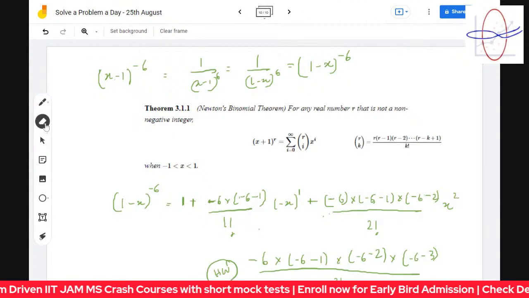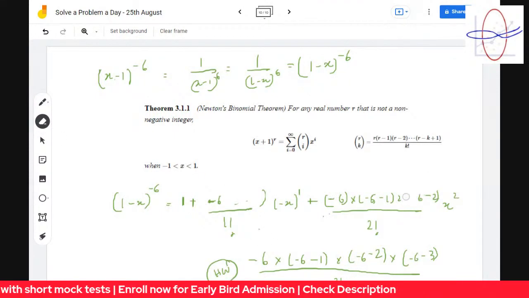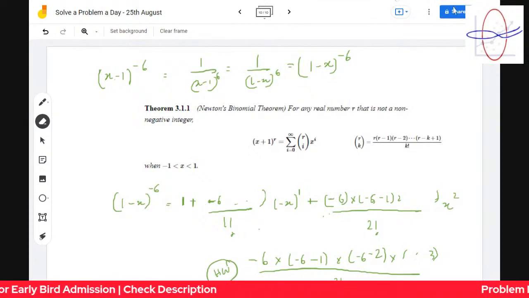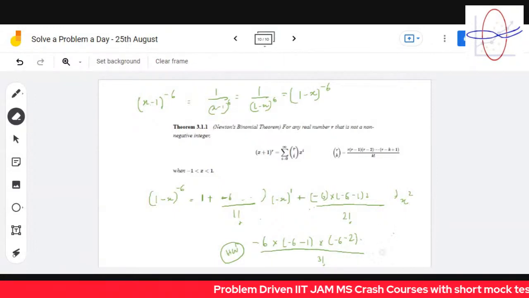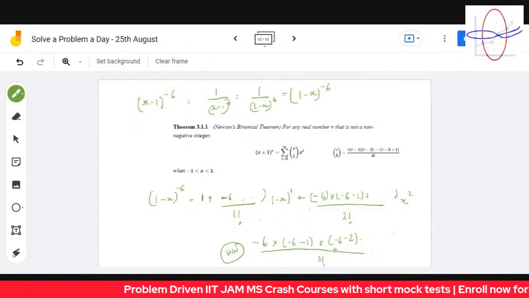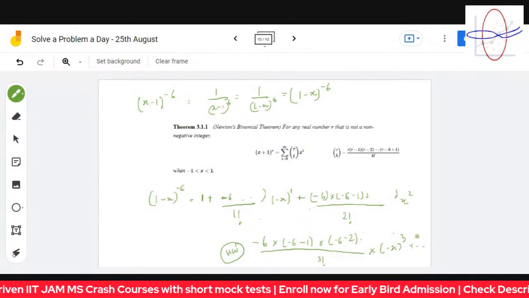Yes, I am doing something wrong because there is only one. So it will be minus 6 and here it will be just without the 3 part. Into minus x to the power 3, plus dot dot dot. It will continue.